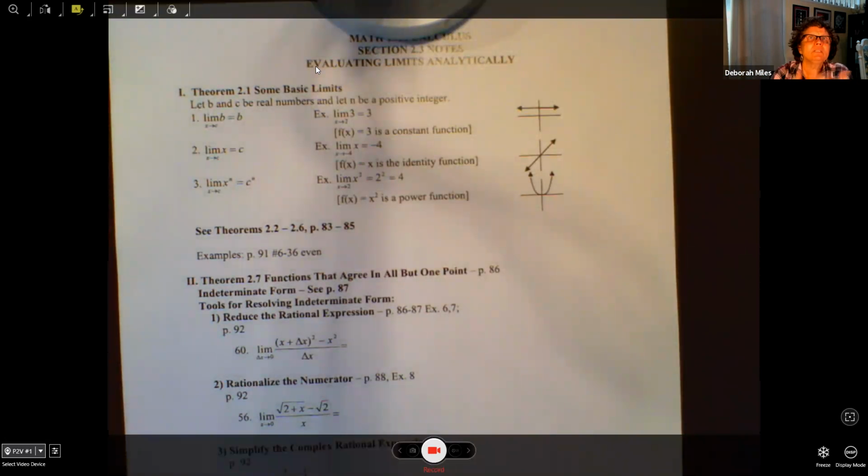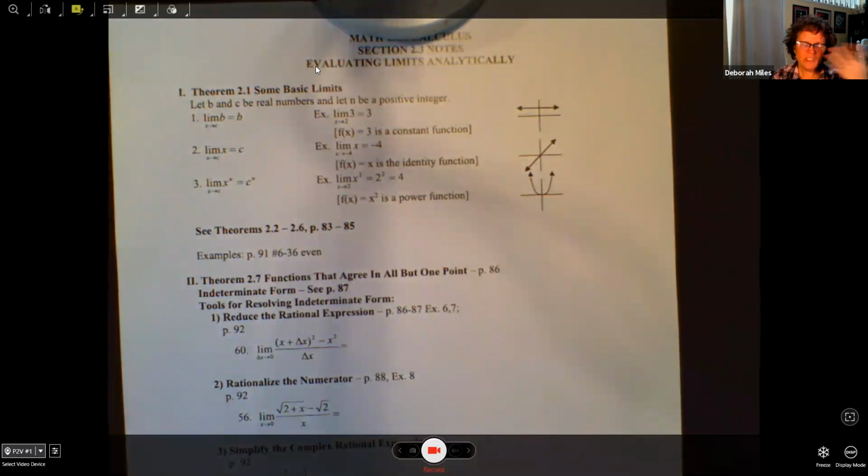So we found limits graphically, and then we found limits numerically by making an XY chart.